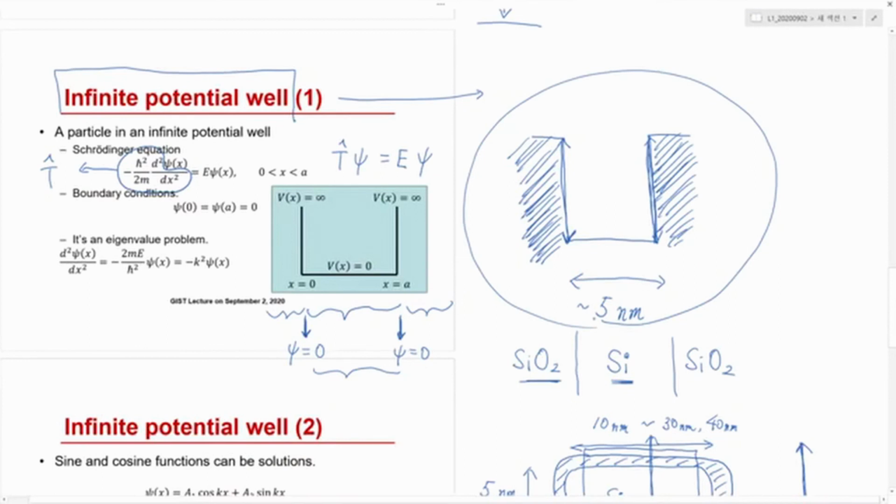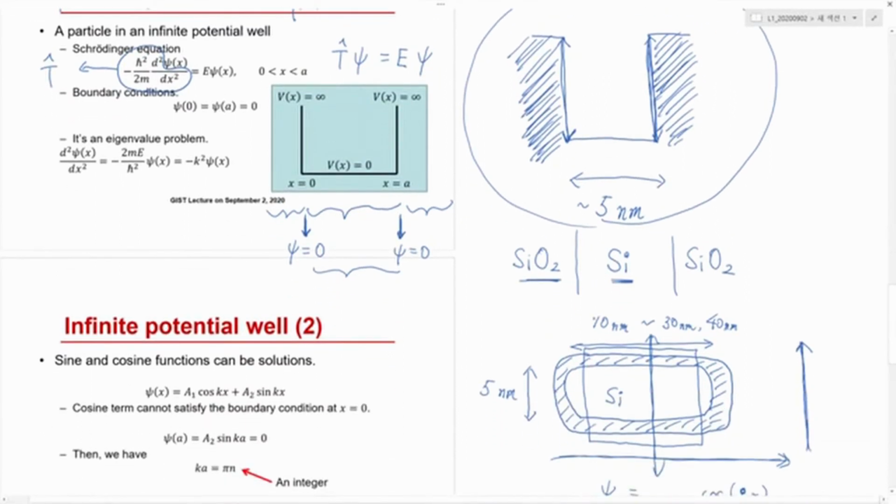So my conclusion is, the reason why we have to consider this infinite potential well is that the transistor's actual cross-section is quite easily approximated by this infinite potential well problem.